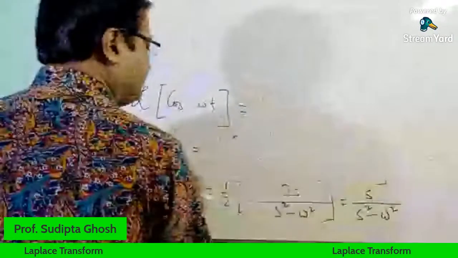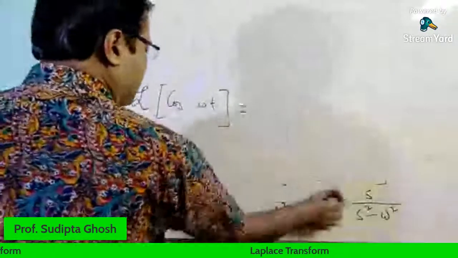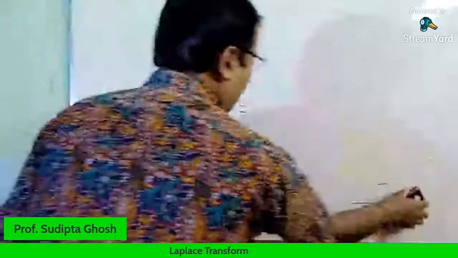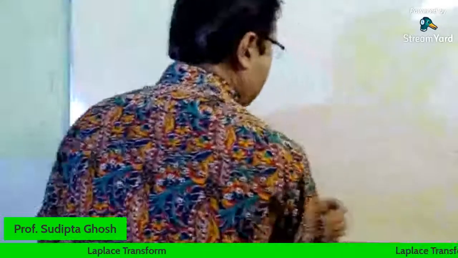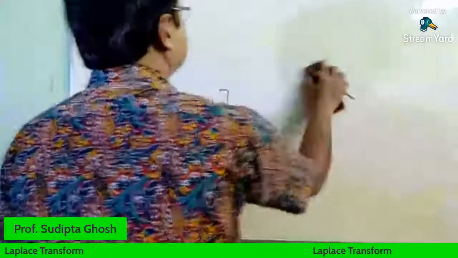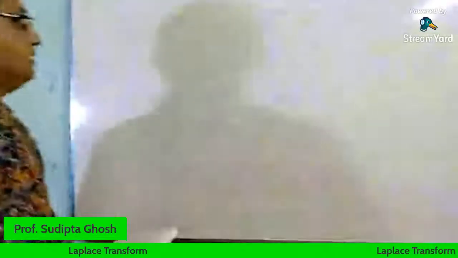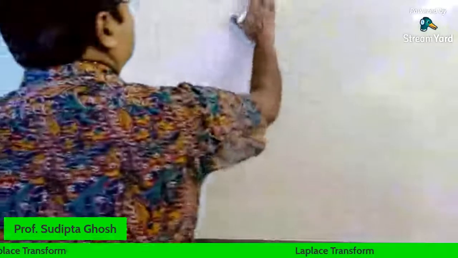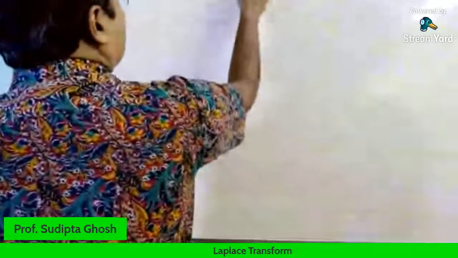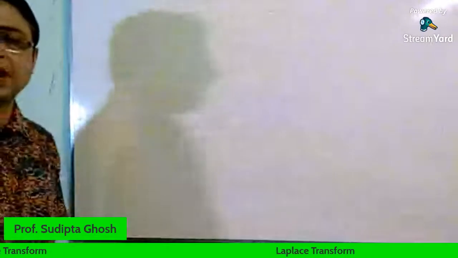Again you can write cos omega t or sine omega t as a combination of e to the power j omega t. So my next function is cos omega t, I think it is function number 5.